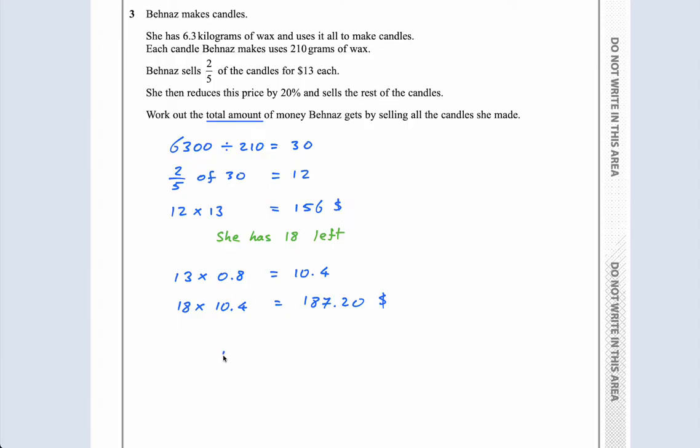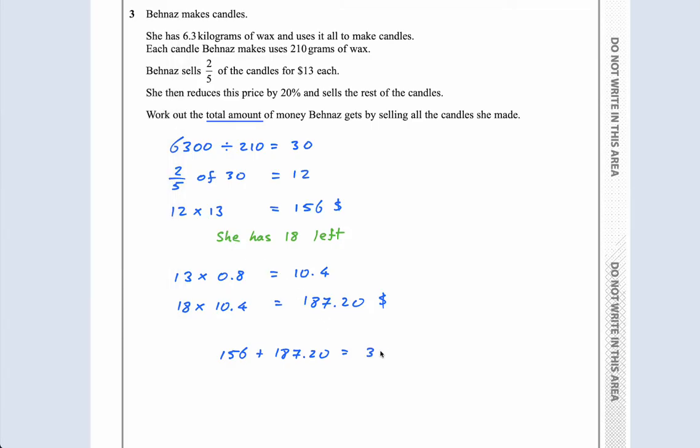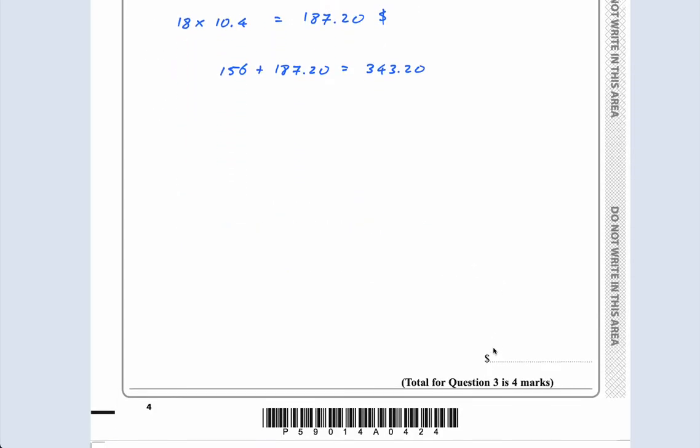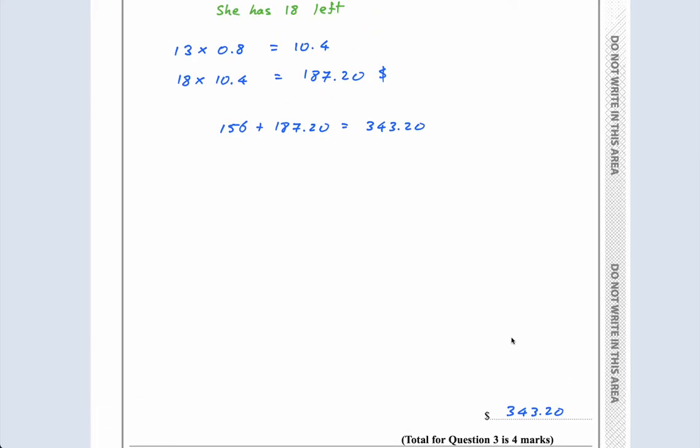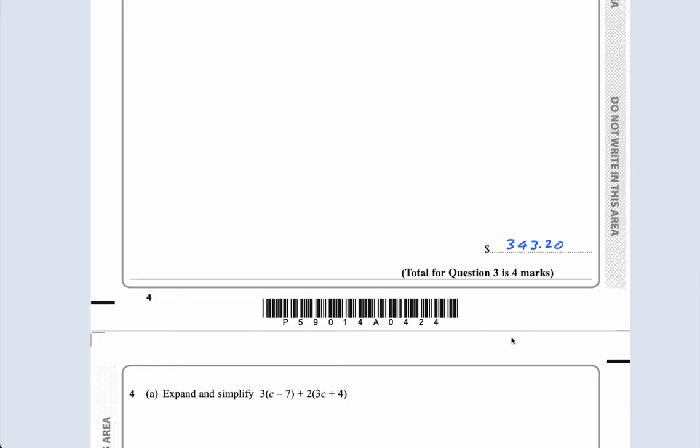So I'm just going to do 156 plus 187.20, which is 343.20, because it's dollars. So that's the total amount of money that she gets by selling all the candles.